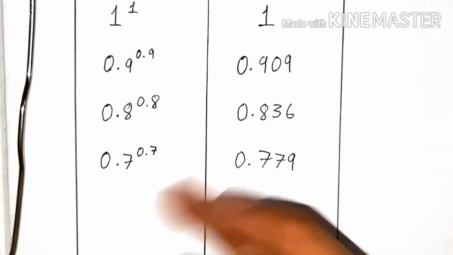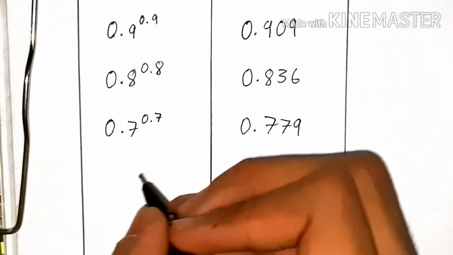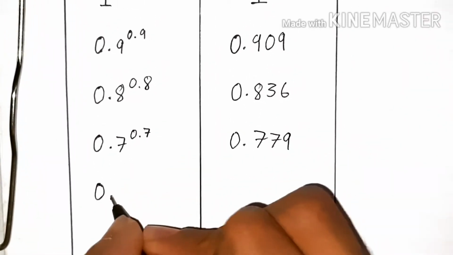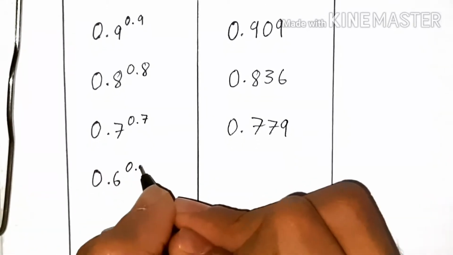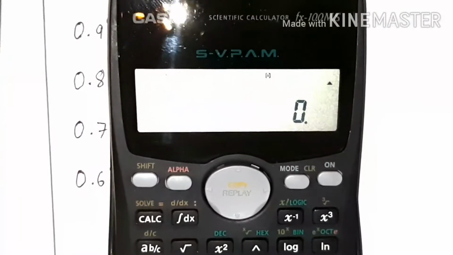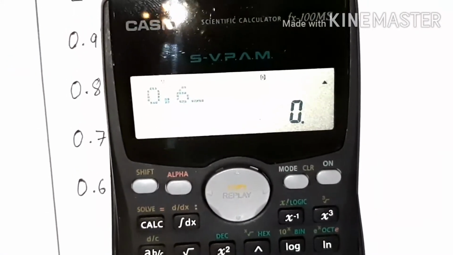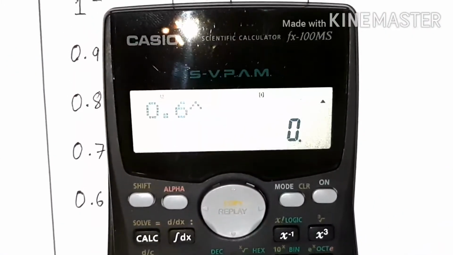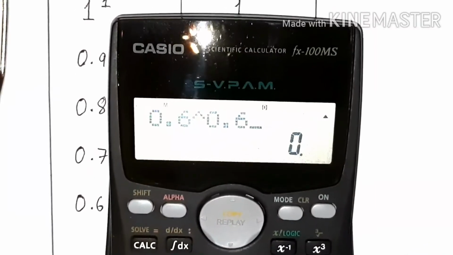Now let's do it for 0.6. Okay, so it is 0.736.